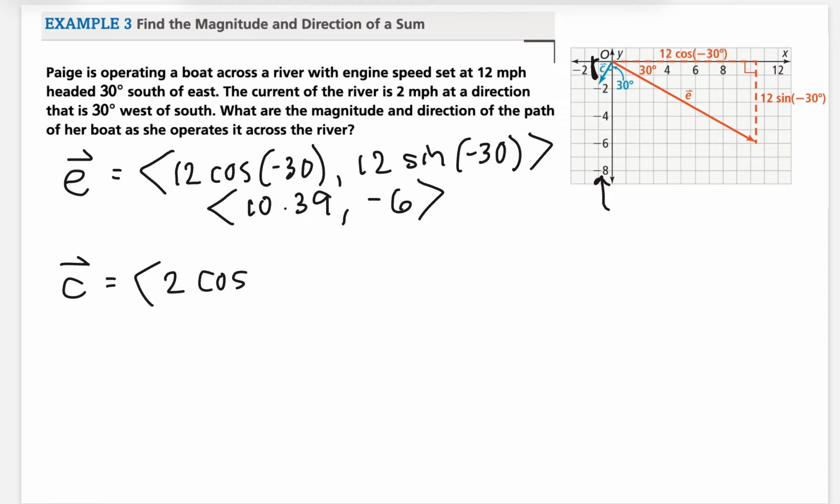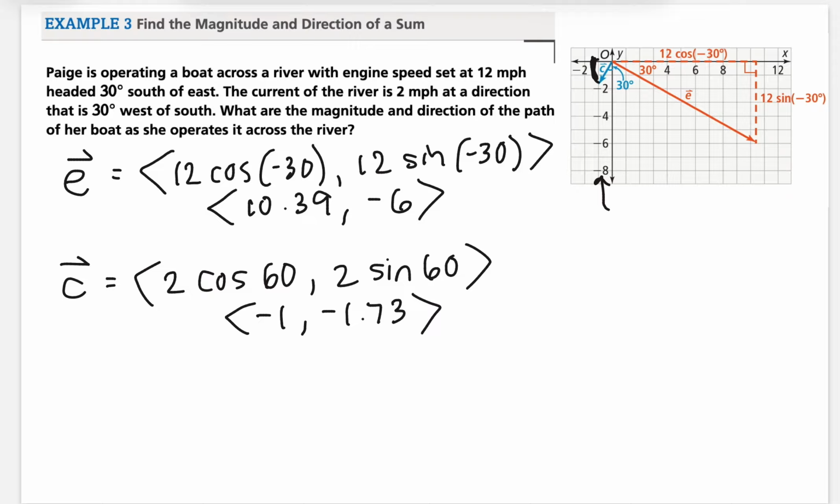We talk about this angle right here. So our reference angle is going to be 60 degrees. So we're taking 2 cosine of 60 and 2 sine of 60. So that gives us -1 and -1.73.